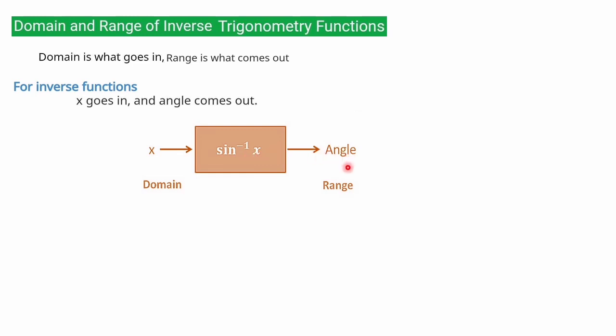So the angle is the output value. So domain is x and the angle we get is the range. Domain is all possible values of x, and range is all possible values of angles. The output, that means theta, the angle, is considered as the range.